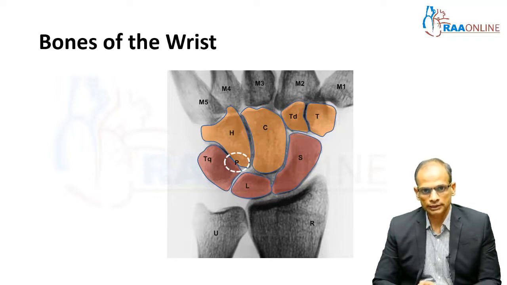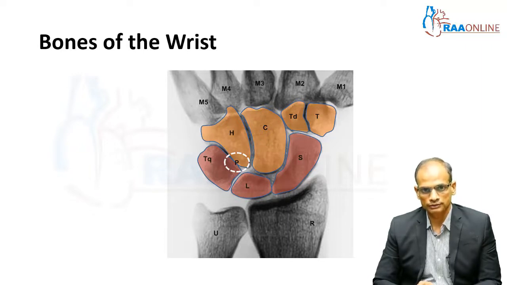As we go distally, the carpometacarpal joints are formed between the base of the metacarpals and the distal carpal row. Of note is the fact that as we move from the index finger to the little finger, the rigidity and the stability of the carpometacarpal joint progressively decreases as we go towards the ulnar side.